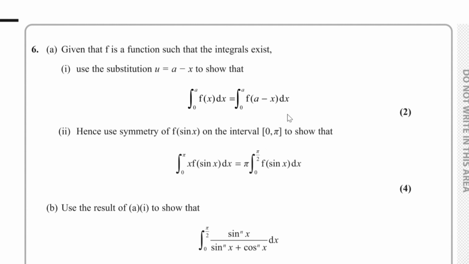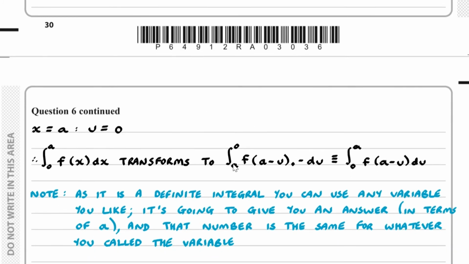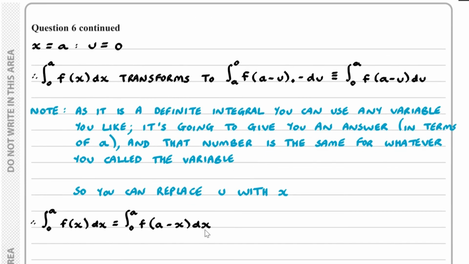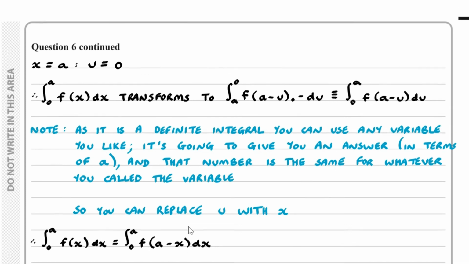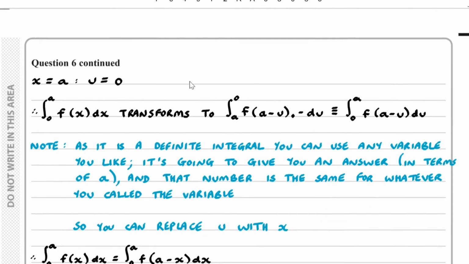And what we can do then, noting that from what we worked out previously over here, we can replace the x with a minus x, where a is equal to pi.